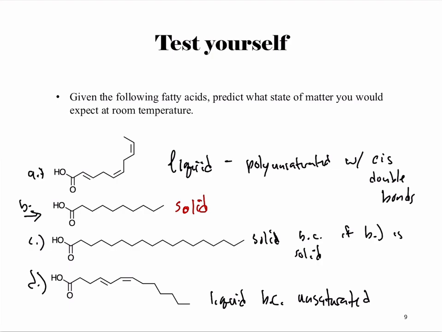It doesn't introduce as much of a kink to the curve because one of them is trans, and trans will keep the linear structure. And the intermolecular forces of C are greater than B, then C is solid. All right, so that's how we predict the physical state of each of these fatty acids.